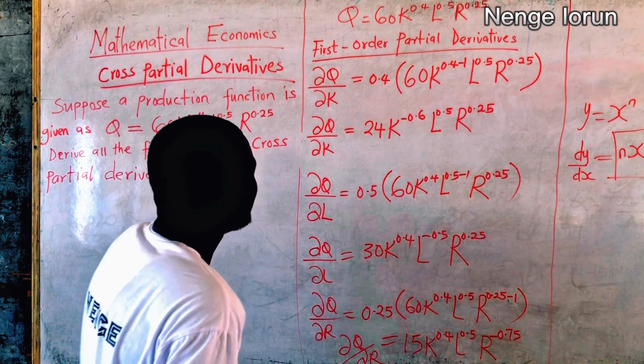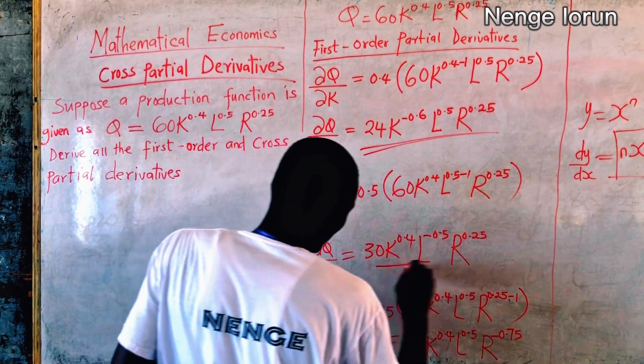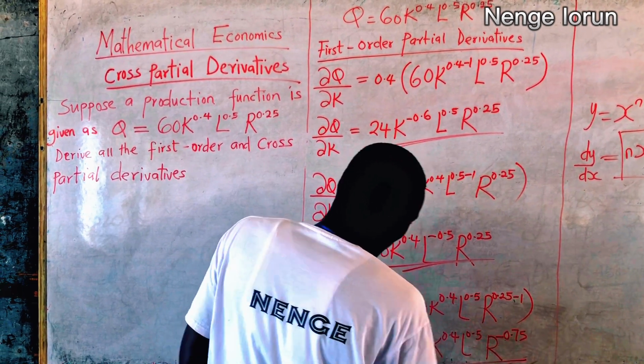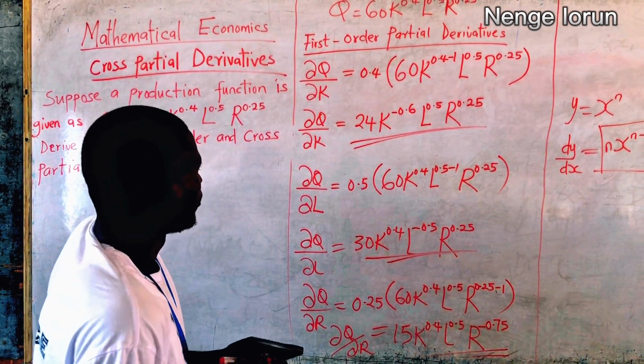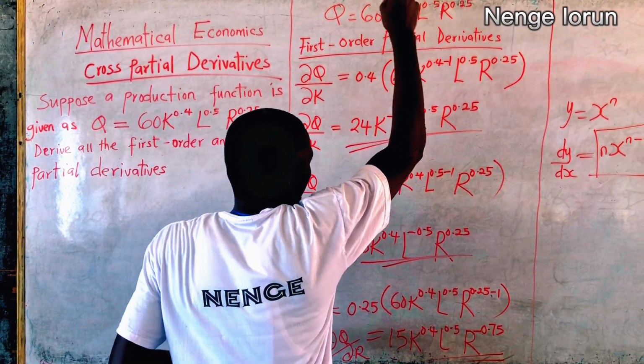So these are the first order partial derivatives of the production function Q with respect to K, L, and R.